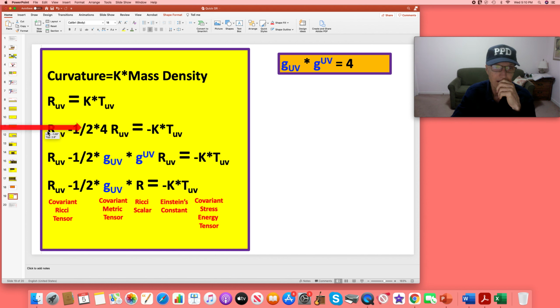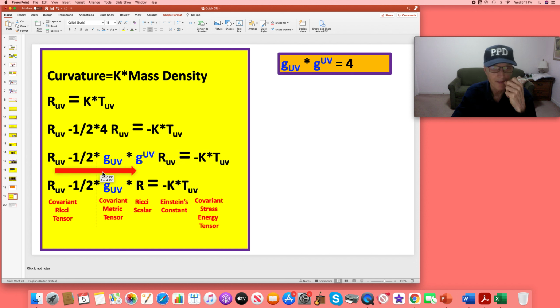Now, notice we have 4 right there in this expression. And we know that 4 is equal to G subscript UV times G superscript UV. So we put this in for 4 here, and we get this. We just put it in. And that's the same thing over on the other side, minus K times T subscript UV. Okay, great.